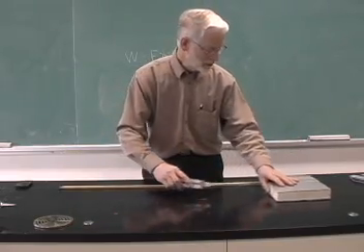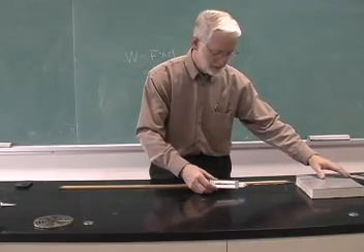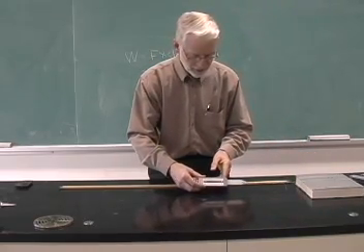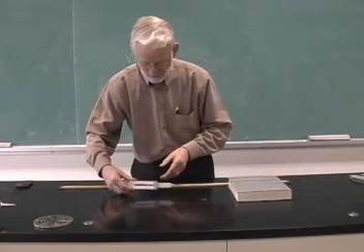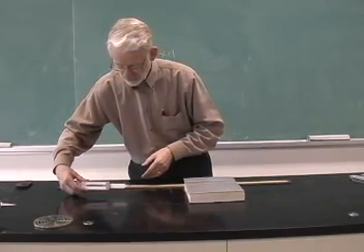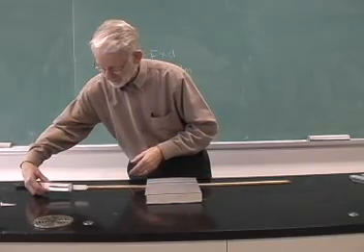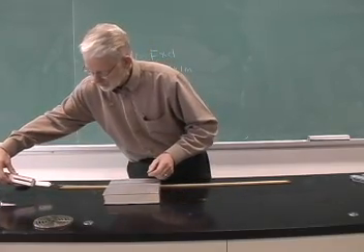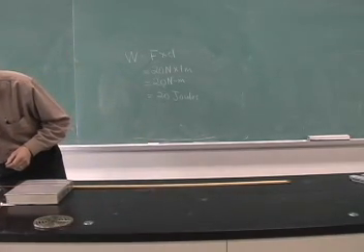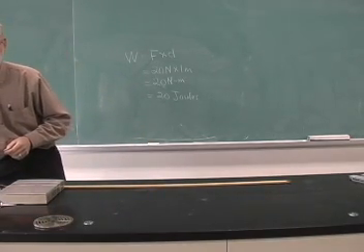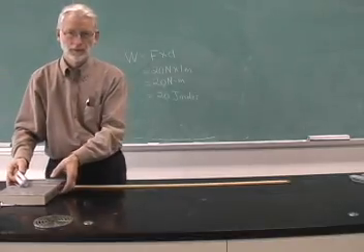So let's set it here, and then I pull the book. You'll notice that the spring scale does move a little bit as I pull it, but it averages about 4.5 newtons or so.